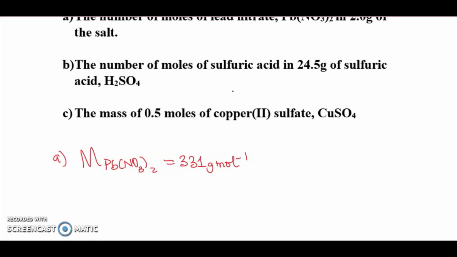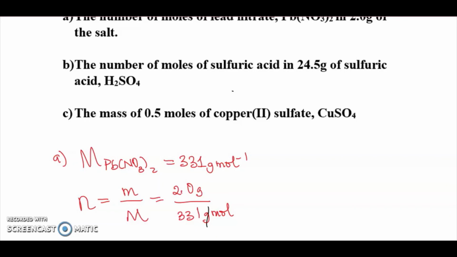Now, we've been given the mass in the question. The mass is 2.0 gram. So, number of mole equals mass divided by molar mass. The mass being 2.0 gram divided by the molar mass, that is 331 gram per mole.